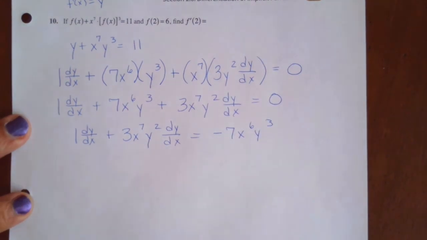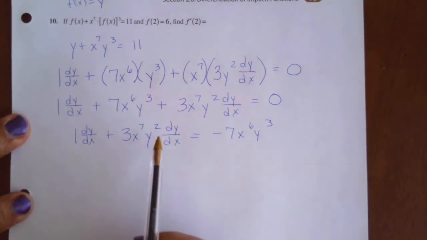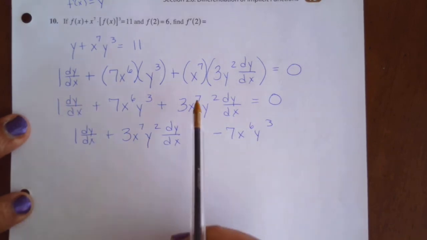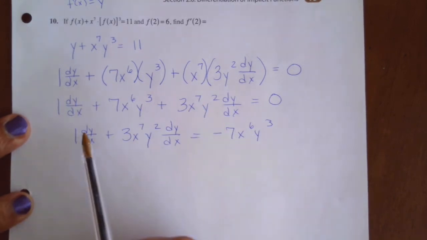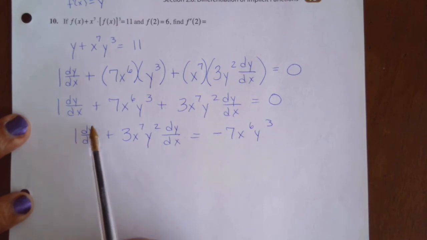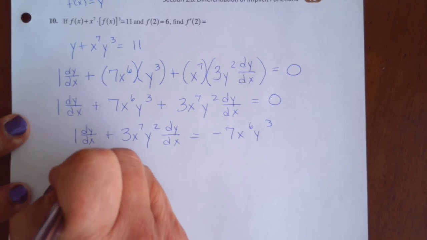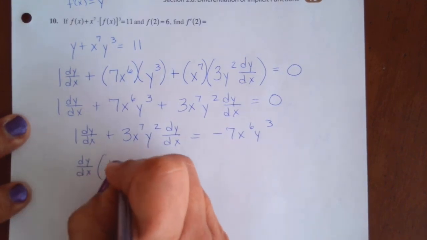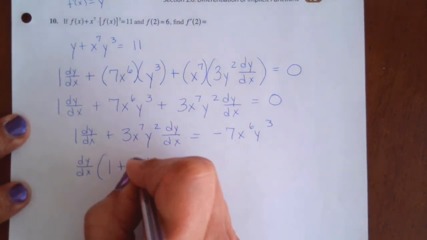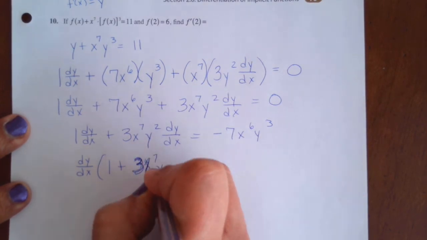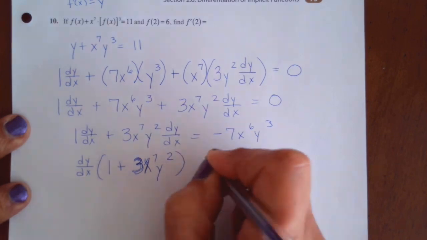Okay? All right, now, when you factor out the dy dx, this is why I like to leave the 1 there. There are 2 terms with the dy dx in it. If you guys lose that 1, some of you lose that whole term. So when you factor out the dy dx, you are left with 1 plus 3x to the 7th, y to the 2nd. Okay?